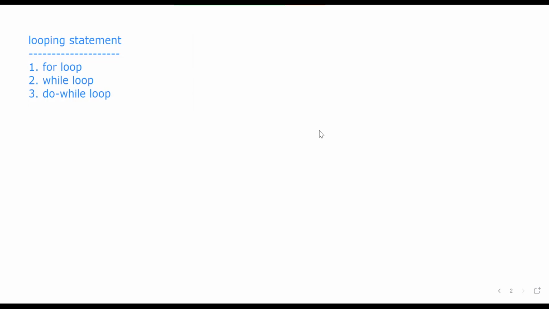If the same task needs to be repeated again and again, multiple times, then instead of writing manually, you'll make use of a looping statement so that it can be automatically repeated, which will reduce your work and the number of lines of code that you are going to write. So for an example, let me just give you the syntax of the for loop first.